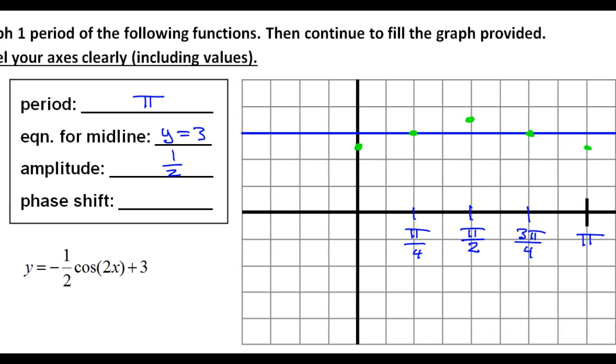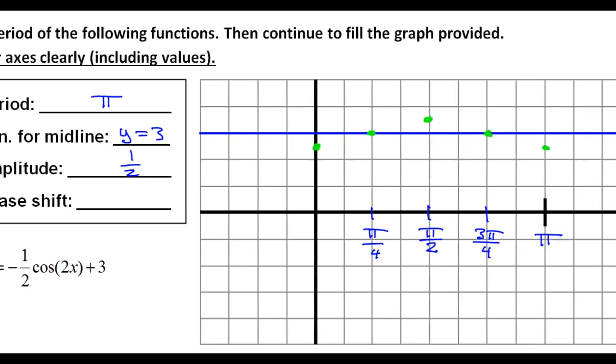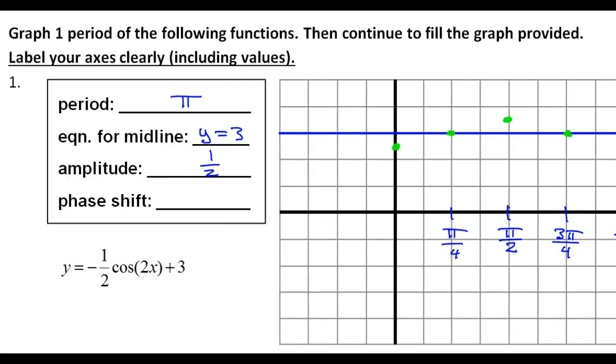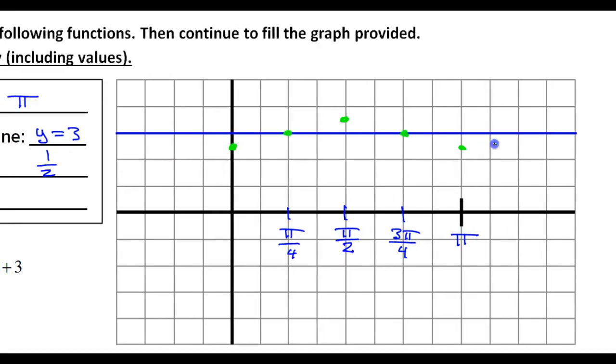Now these values will be shifted according to the phase shift. In the end, I'm going to want to graph as much as I can fit on this grid. So I'm going to even continue my skeleton using the same pattern.